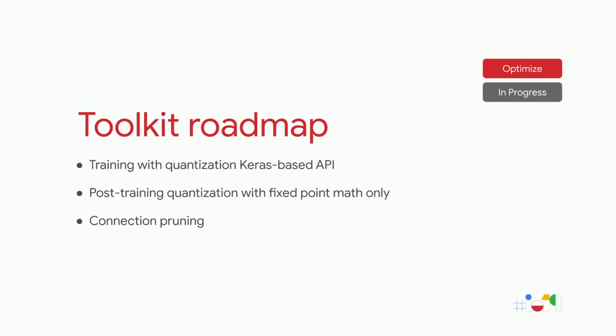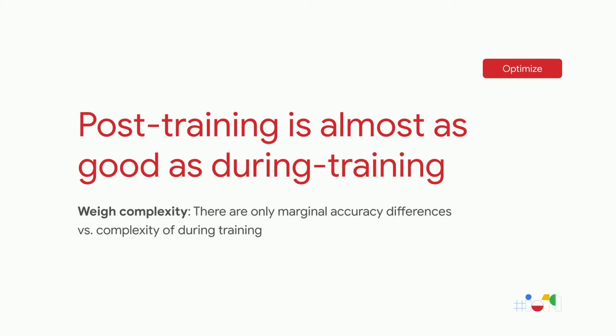So in the coming months, we'll be improving our support for quantization with Keras, enabling post-training quantization with fixed point math, and adding more advanced techniques like connection pruning and sparsity support. But one thing we really want to emphasize is that post-training quantization is really almost as good as during training quantization.